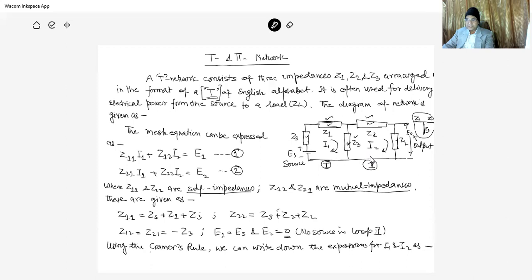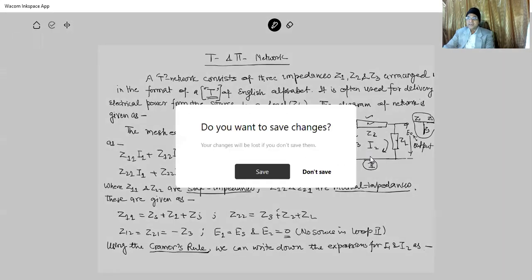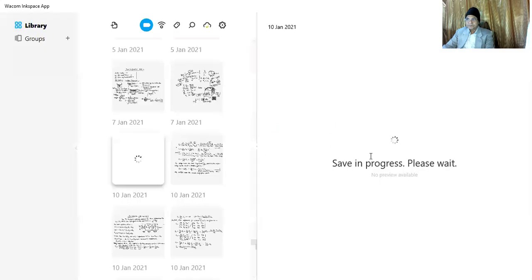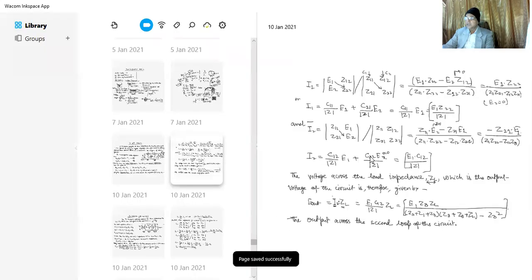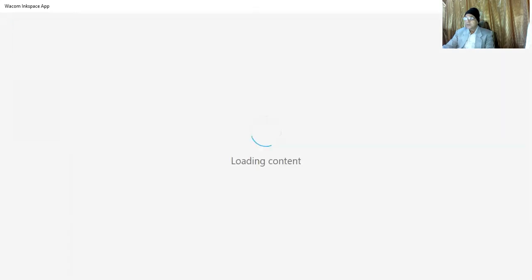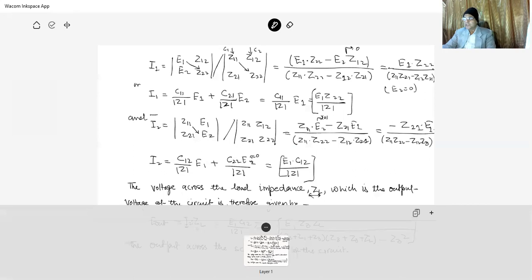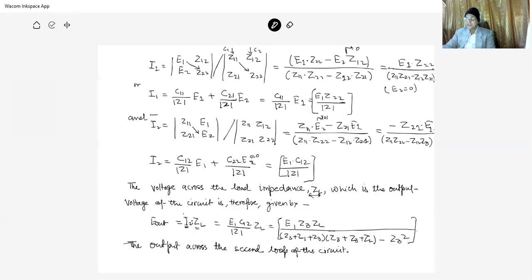Then there is the famous Cramer's rule, through which we can write the expression for the currents I1 and I2. This Cramer's rule can be expressed in the form of a matrix equation.